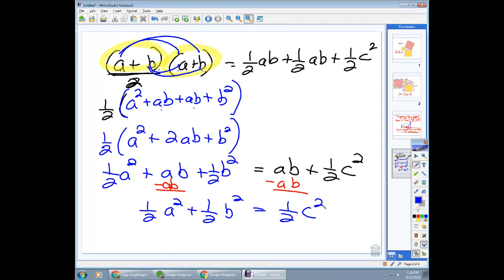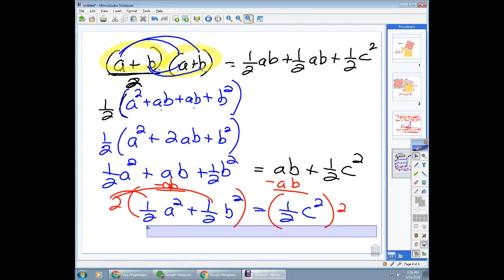What else could I do? Tidy this up just a touch more. When all the halves cancel, if I multiply both sides by 2, yeah, that's exactly right. So I could consider multiplying both sides by 2. It distributes through there, multiply this side by 2, and then I get what the world has known for thousands of years.